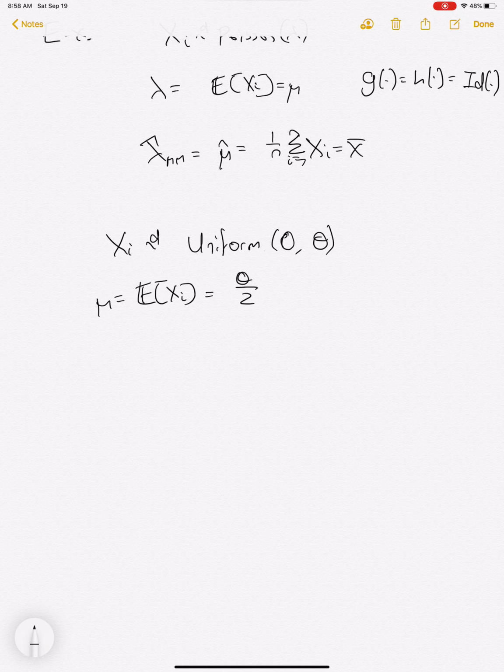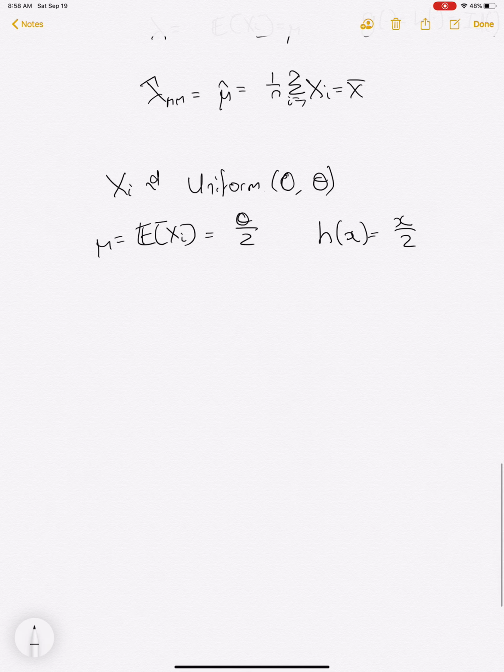So your h of x, we'll say, is just x over 2. That's the function we have. To invert that expression is pretty easy because this is just a linear expression. So we have that theta is equal to 2 mu. So g of y equals h inverse of y, which is just 2y.